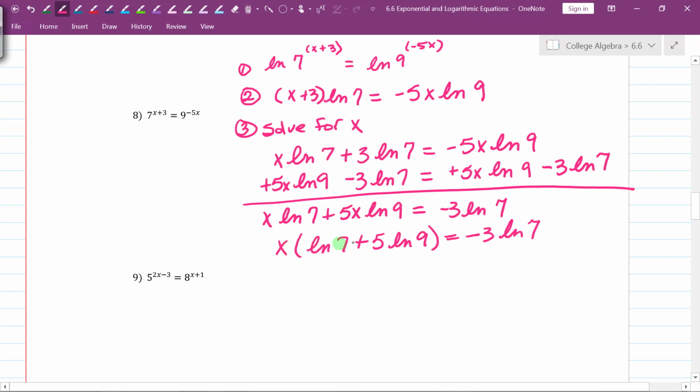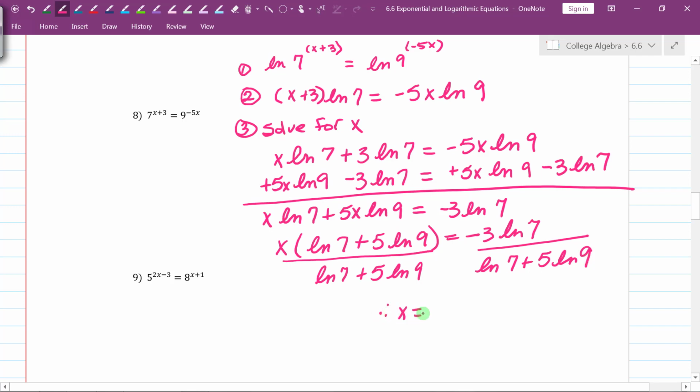The x is connected to this number through multiplication, so I'm going to use division to separate and solve for x. I'm going to divide through by natural log of 7 plus 5 natural log of 9. What I do to one side, I must do to the other side. Therefore, x is equal to negative 3 natural log of 7 divided by the natural log of 7 plus 5 natural log of 9. You cannot simplify this out.